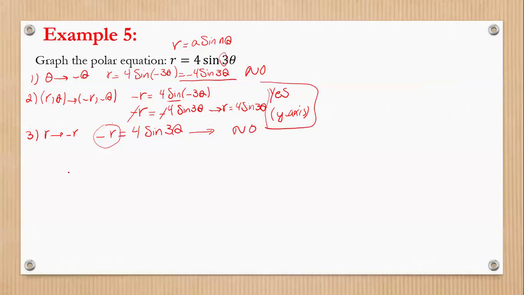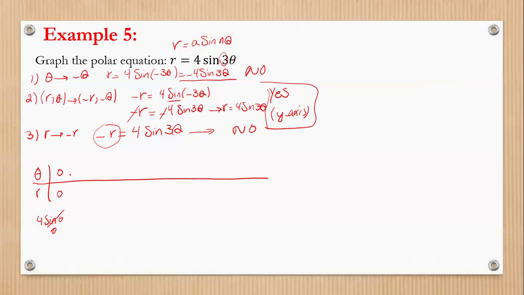Now to graph the equation, I need a table of values for theta and r. If I replace theta by 0, I get 4 sine of 3 times 0, which is 0. Sine of 0 is 0, and 0 times 4 is 0.